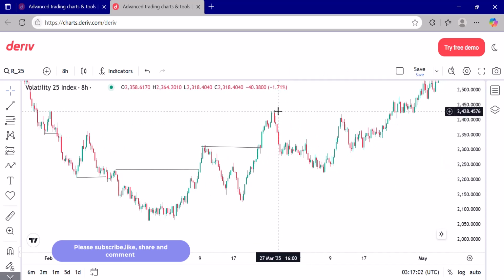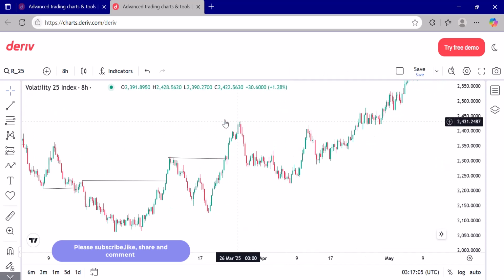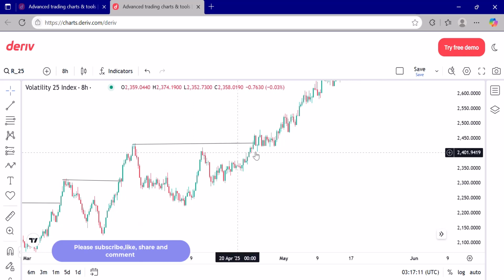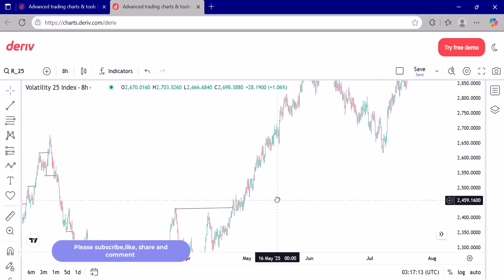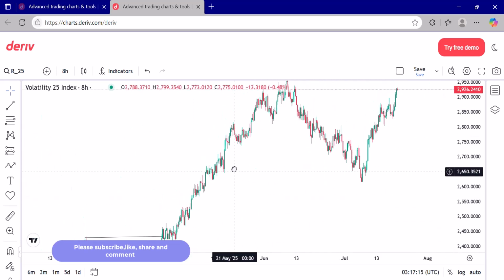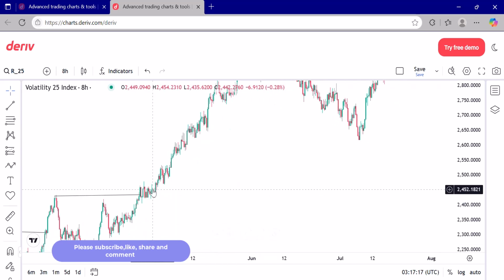So the market continued higher, and then after this, there was a break of structure here. The market continued on and on. The break of structure, the retracement, there's also another break of structure.